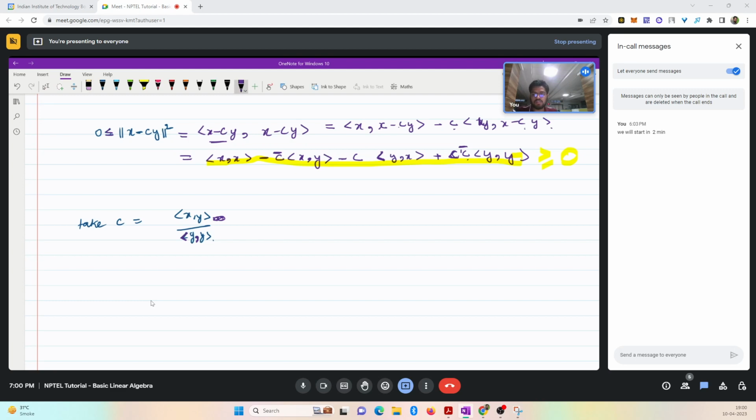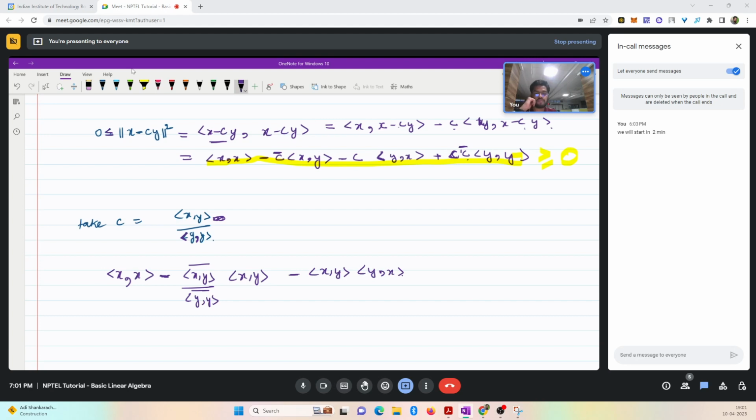What we would get is <x, x> minus c conjugate. If we replace c now, what we get is <x, y> conjugate divided by <y, y> conjugate into <x, y>. This is minus <x, y> into <y, x>.